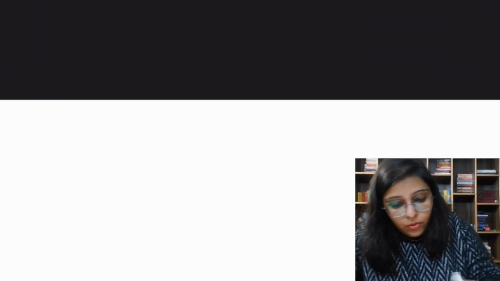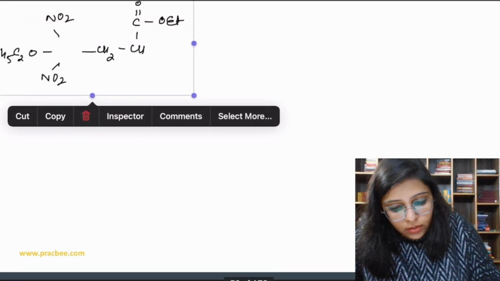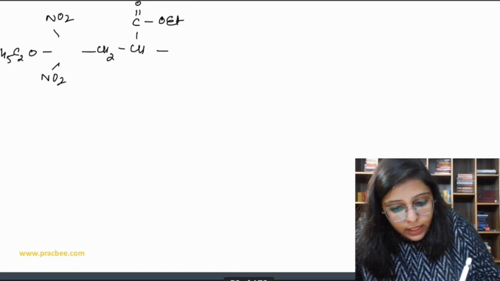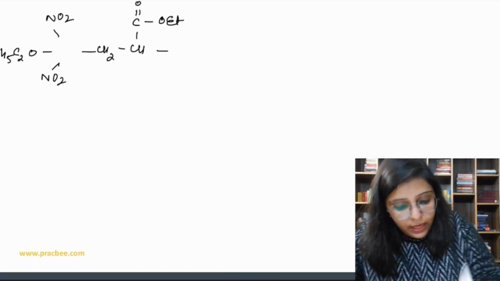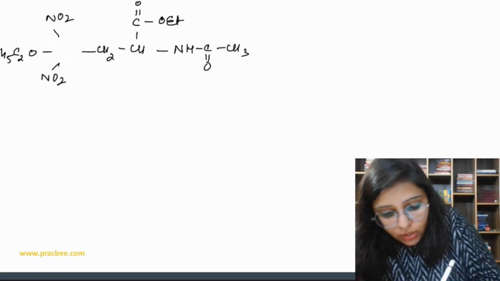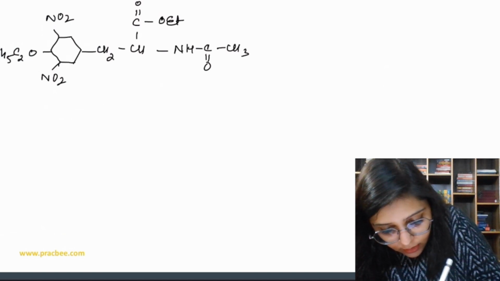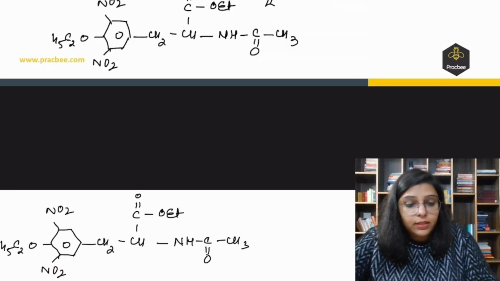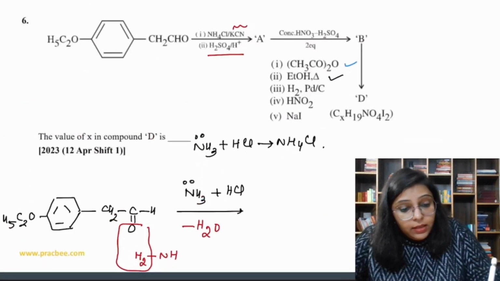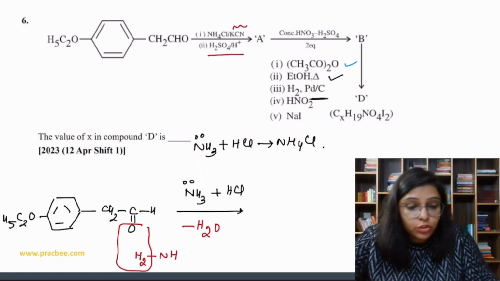Okay. Now let me rewrite this. So CH, and here we have NH, C double bond O, CH3. Let me form the benzene ring. Okay, next, H2 Pd/C, palladium on carbon. So what is the function of this?